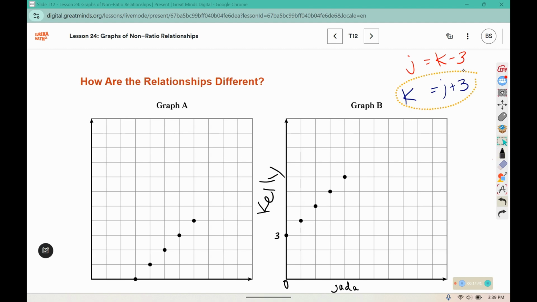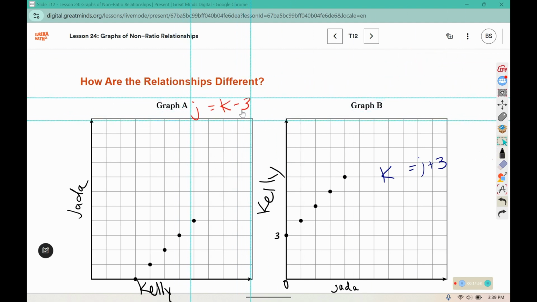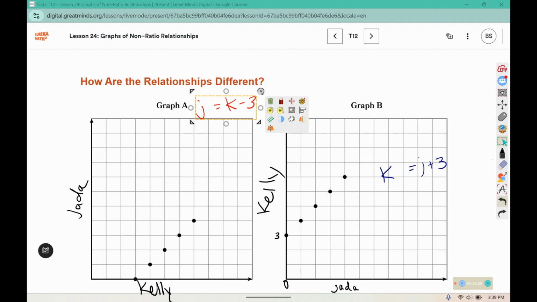So this equation is paired up with this graph. But over here, if Kelly does more, we would put Kelly as our independent and Jada as our dependent, which would be this equation. So it's still the same relationship between the 2 sisters. It's just a different approach.